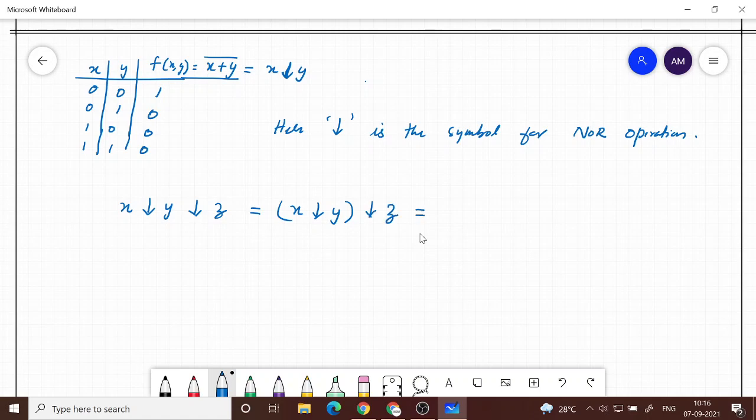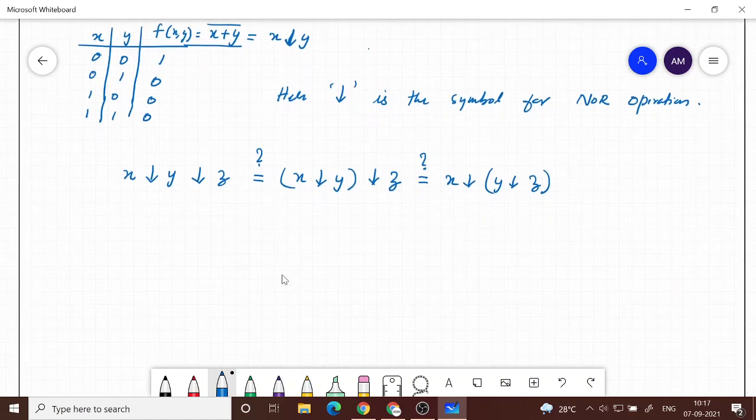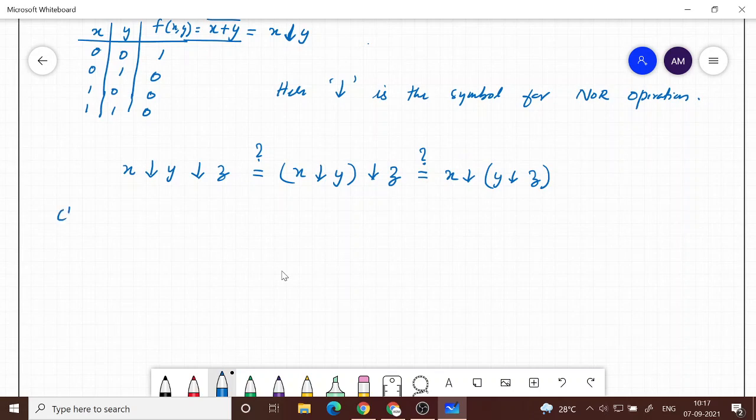You should be able to show that. So I am not sure about it, so I put a question mark whether this is equal to this, and then whether it is equal to this. So let us check. We are going to do the check.